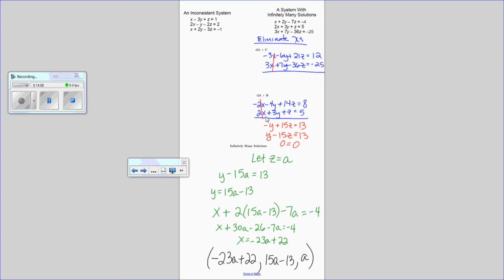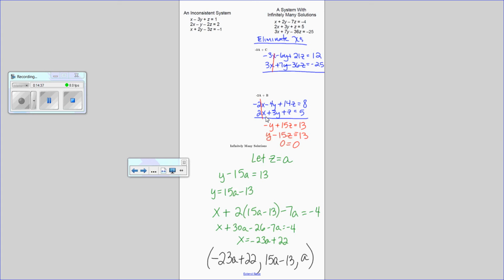So here I've let z equal the constant a. This seems confusing at first, but think of it as needing a place to start. If you want to, you can try this a couple times and let z equal 1. Then you could figure out what that would make y equal, and you could figure out what that would make x equal. I'm going to do that, but instead of using 1, I'm going to use a.